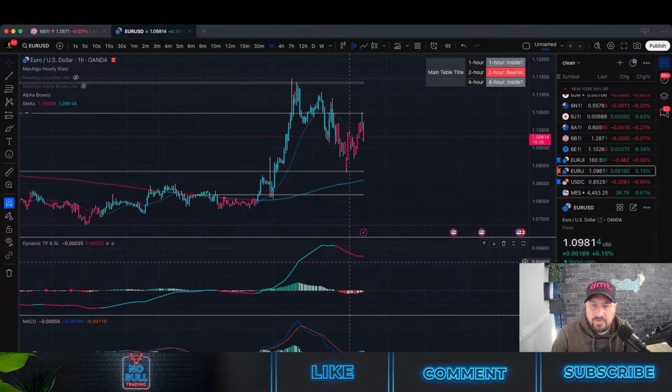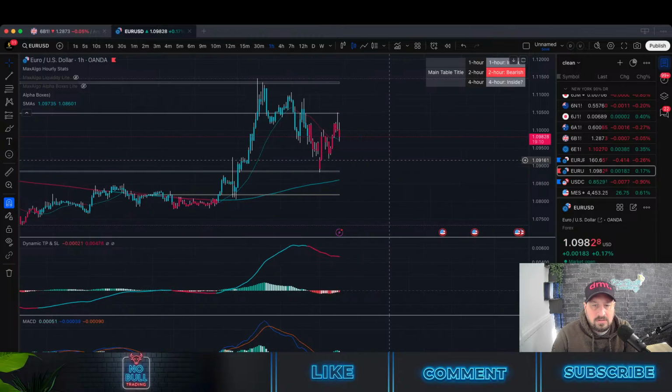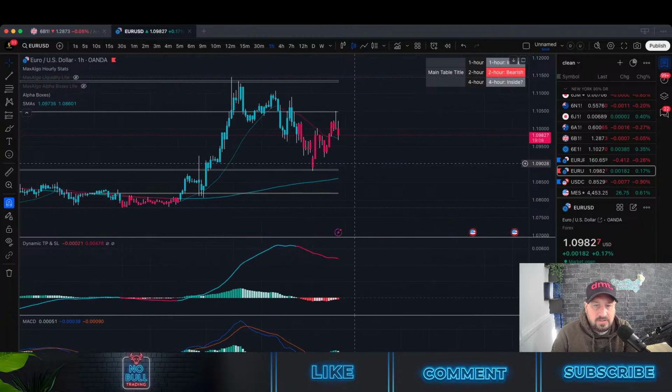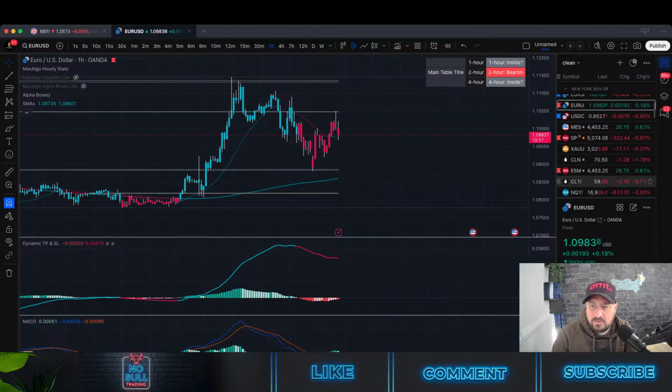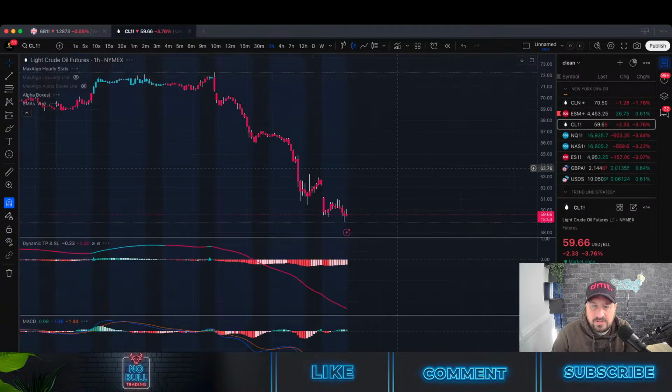We are starting a bit of a correction. So yeah, possibly looking at Euro coming back to 1.09. And then that might be nice to see how we then position ourselves. See if we lose that level, then we're getting really bearish. Right now, a lot more bullish on Euro compared to everything else.